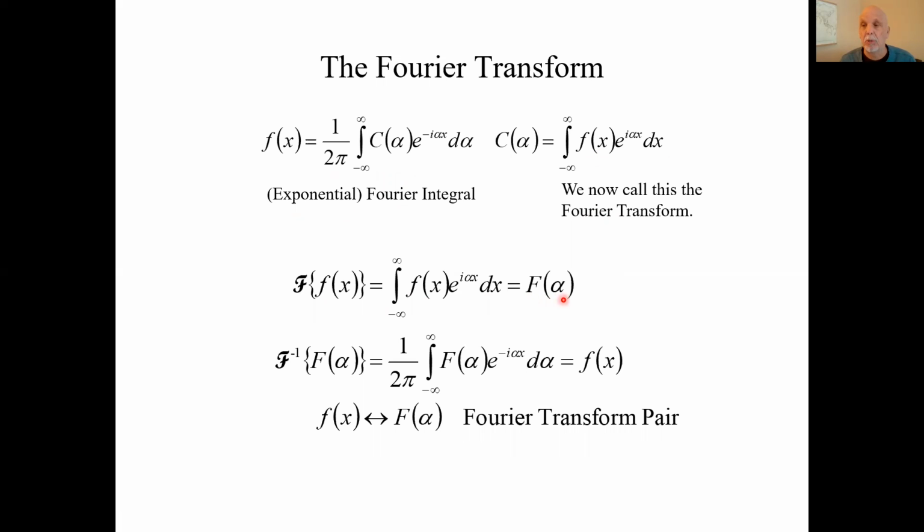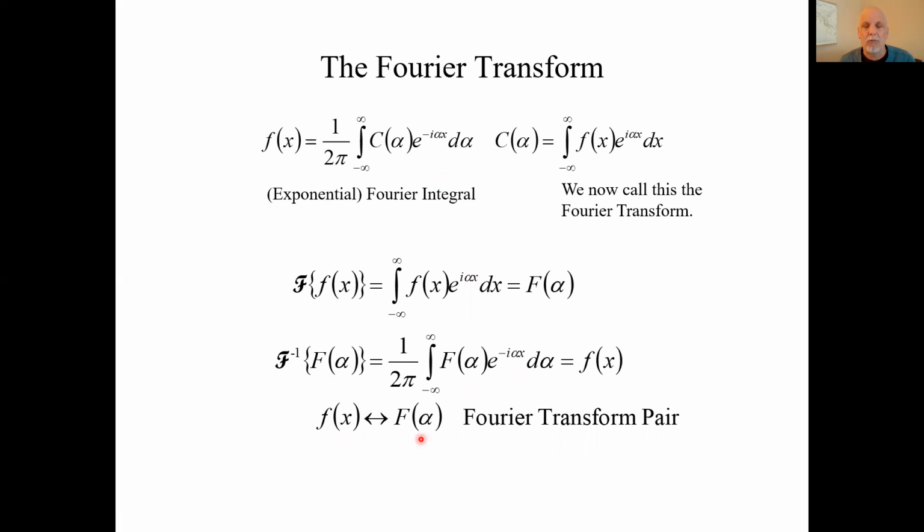Now we're going to start using big F, little f for the x function, big F for the alpha function. And the inverse Fourier transform is this guy, otherwise known as the exponential Fourier integral. But now we're going to call it the inverse Fourier transform.